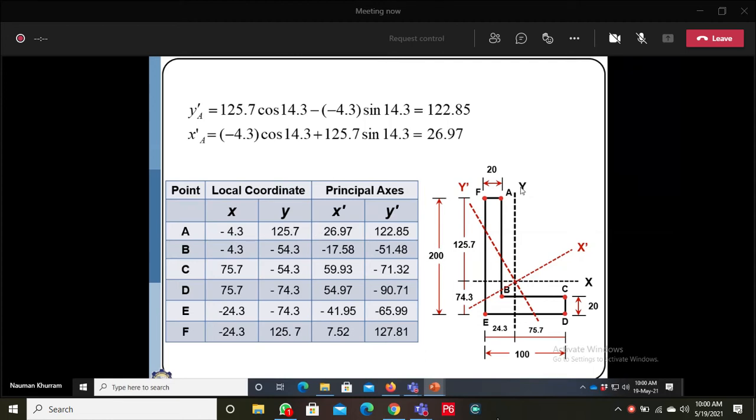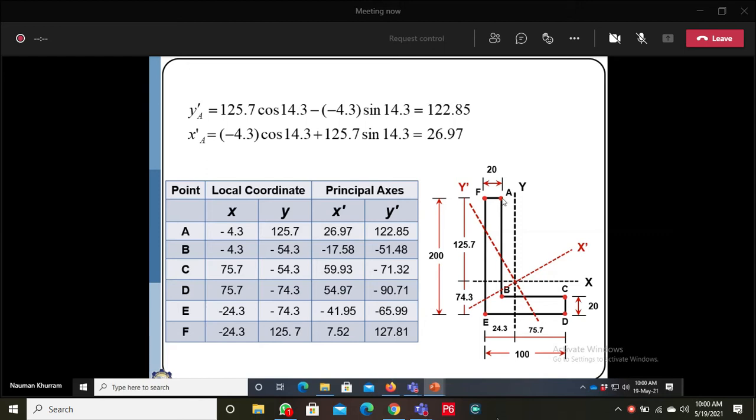For example, points A and B are at the same x distance from the centroidal y axis. The centroidal location is 24.3, and the thickness is 20.